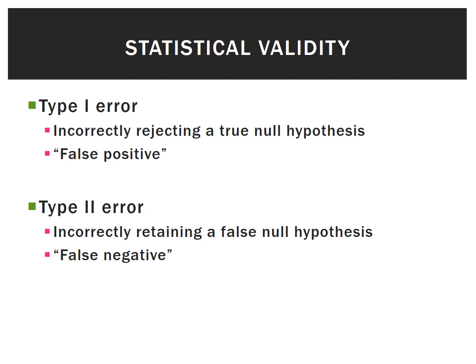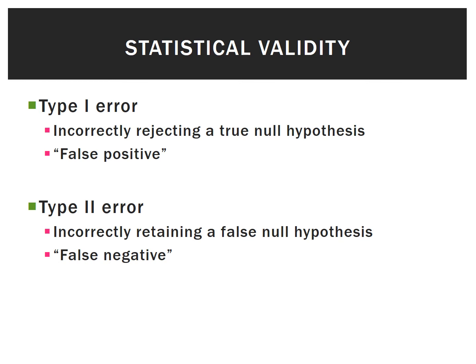Of course, we still don't want to make type 2 errors, because if there really are effects, we want to see them. That's the whole point of doing research. We want to find out where there are effects so that can help us answer our theoretical questions or design interventions, whatnot. So you can think of type 2 error as being maybe not quite so bad as type 1 error, but it's still something that we really want to avoid.